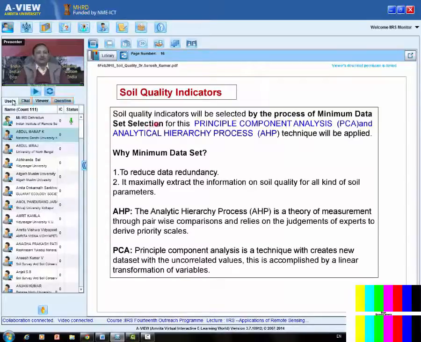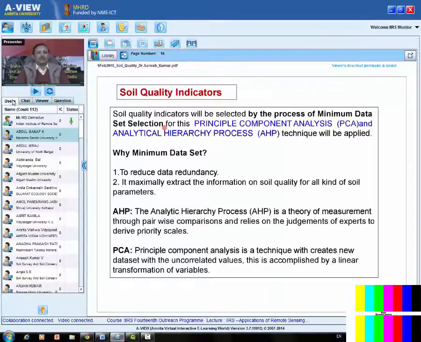Suppose you have 20 properties, but I cannot take all 20 into account. So out of 20 properties, I will study which 4, 5 or 10 properties are the most important one. I only use those properties.